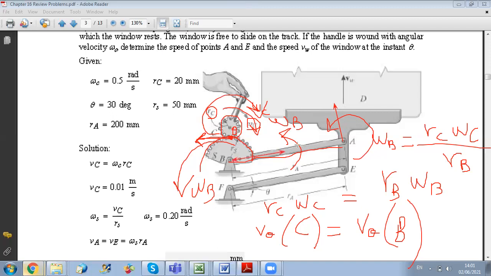This is your radius. So you can calculate the velocity that is given at A.